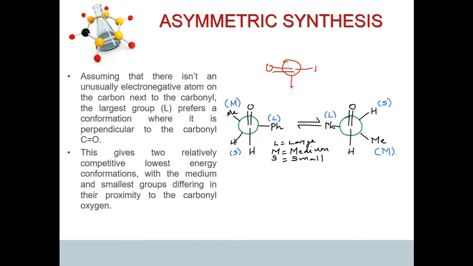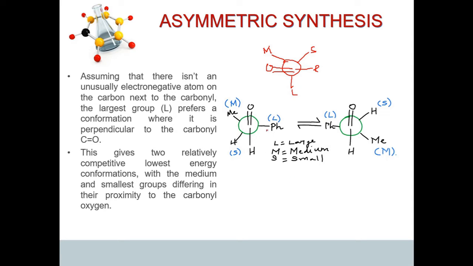So we had our R group here, we had our large group here, and we had our medium group here, and we had our small group here. So the same structure we are trying to draw in this way. This is also another way of drawing the same structure, where we have our phenyl group perpendicular to the carbonyl carbon, we have our medium group at the top and our small group at the bottom.